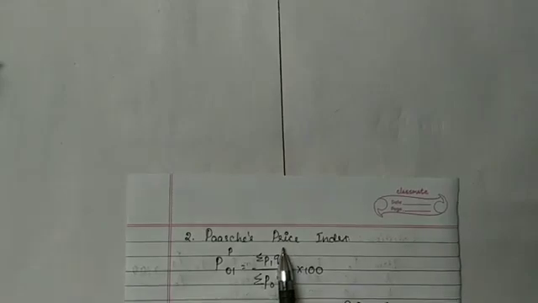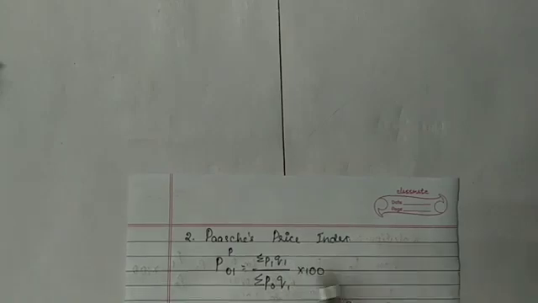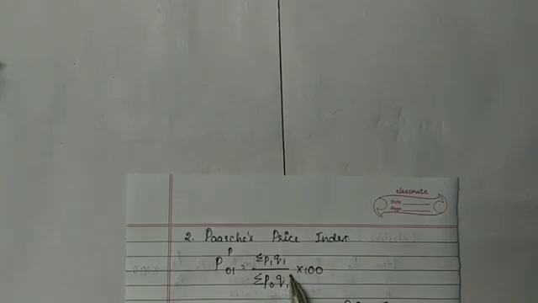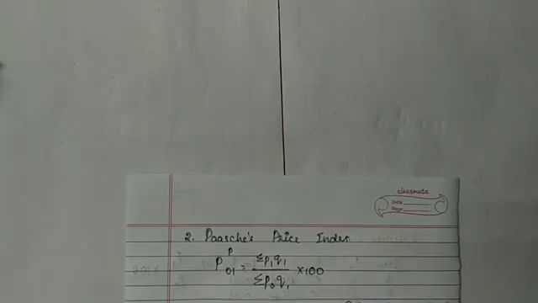In the second one, Paasche's price index, we are keeping the current year's quantity as weight. In the first one, we considered base year quantity as weight, and now in the second one we consider current year quantity as weight. Our formula will be P01 of P is equal to summation P1 Q1 divided by summation P0 Q1 multiplied by 100.